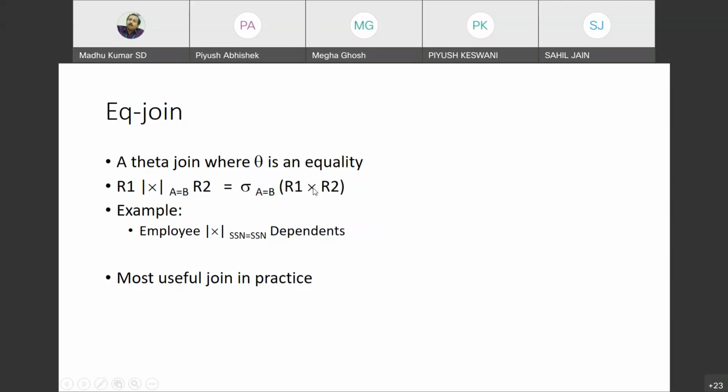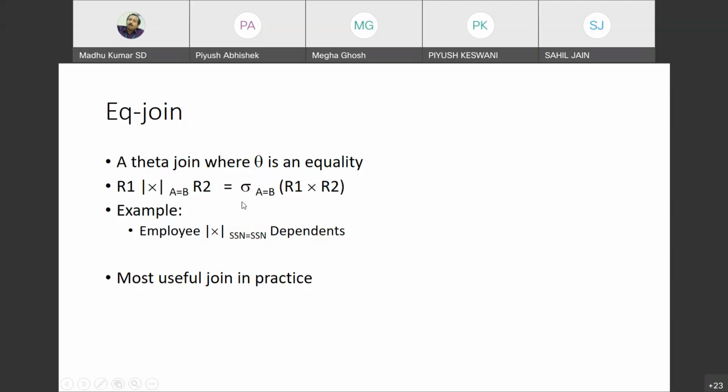Taking the Cartesian product of R1 and R2 and selecting some tuples based on the equality condition, you call that form of join as EQ join.